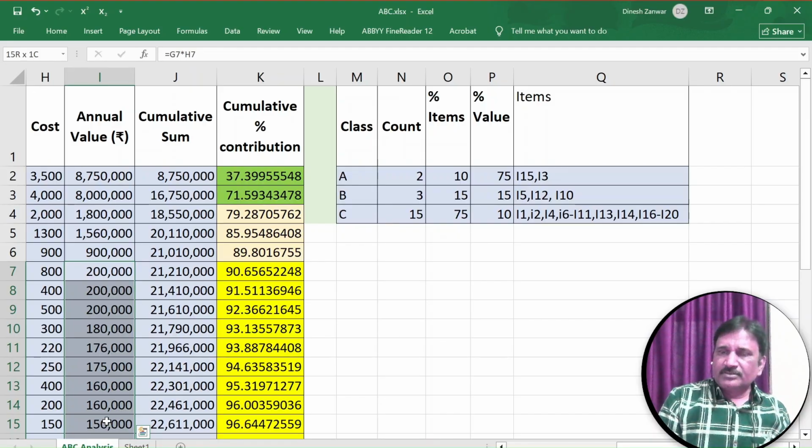Okay, so in any store you will find that there are a very high number of low consumption value items and a very small number of high consumption value items.